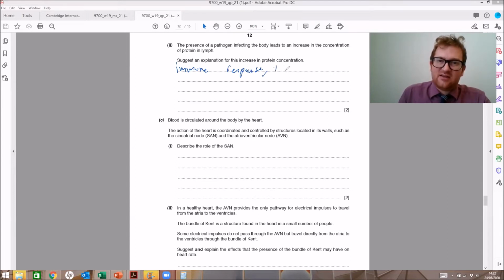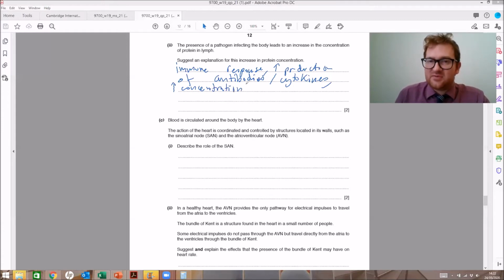So you could say increased production of antibodies and cytokines. This therefore increases their concentration. And obviously these substances are proteins, so both substances are protein.